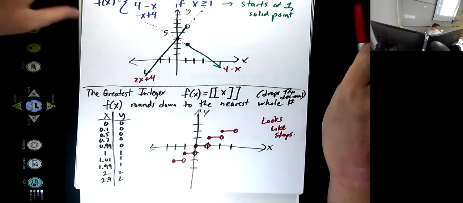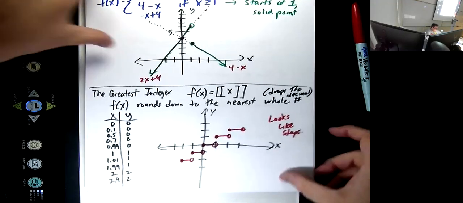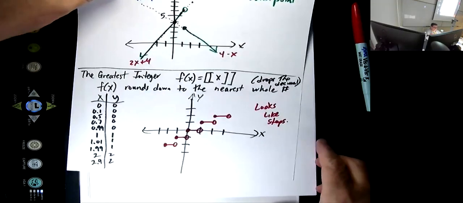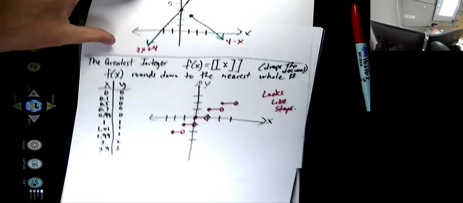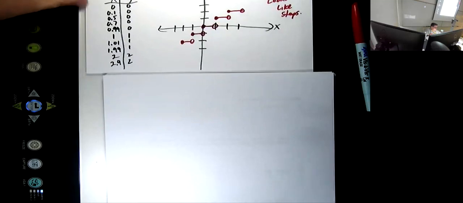So I'm going to show you a variant because this is the one section where we don't do the greatest integer function later on. So we're going to show you a little bit of scaling and how it works right now for this one.